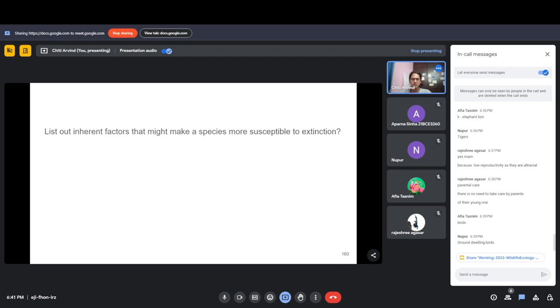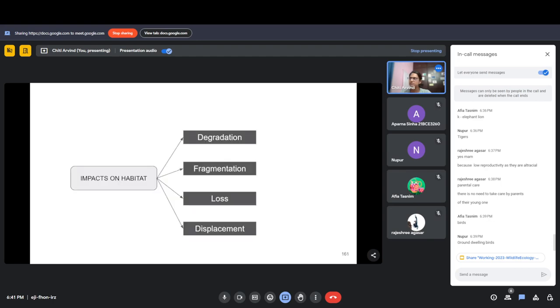So let's move on. In terms of impacts to habitat, there can be a number of different factors, right? Could you all give me examples of different forms of habitat degradation, fragmentation, loss, or displacement? Just one example each is fine.